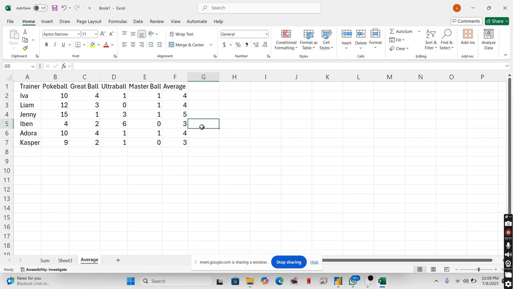So that's how the average formula works. It calculates the average of a specific range.